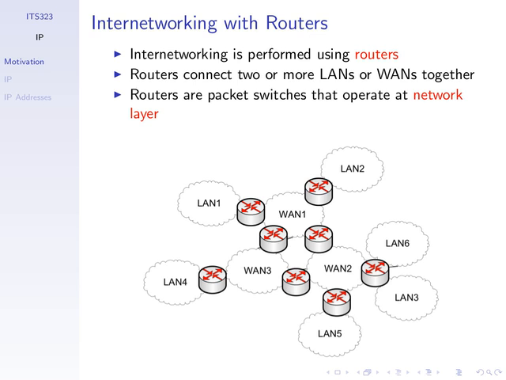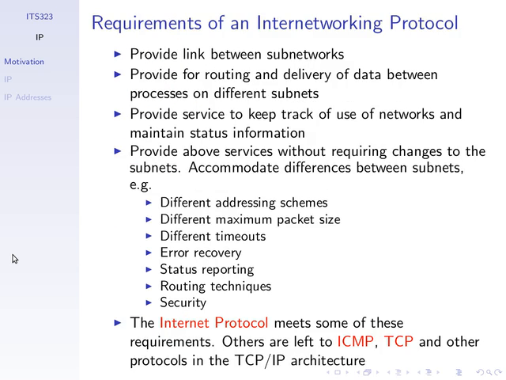And also, if there are errors, something goes wrong, we'd often like to report the status of what's happening so we understand where the errors are. So we often need some way to keep track of the use of the networks and to provide some status information. These are things that some internetworking protocols need to do.